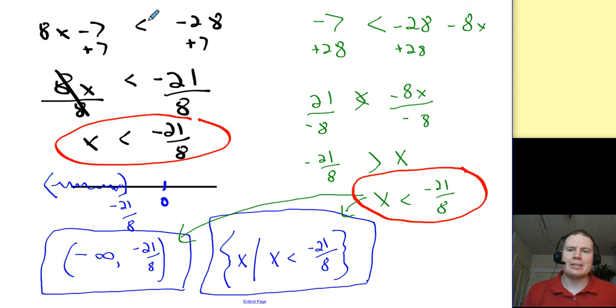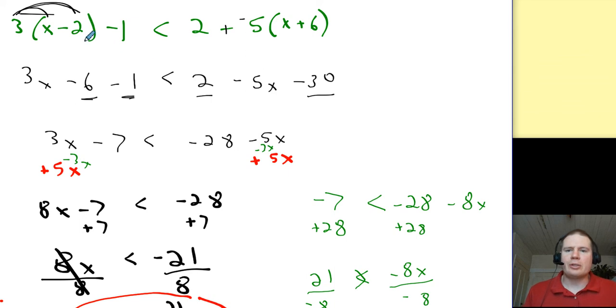Here we didn't have to reverse the sign because I never multiplied or divided by a negative number. Adding or subtracting doesn't reverse the sign. That's just shifting everything, but they stay in the same relationship to each other. It's when we multiply or divide by a negative that they get reversed as to which one's greater, which one's less. Right? So there's our example of how to solve inequalities.